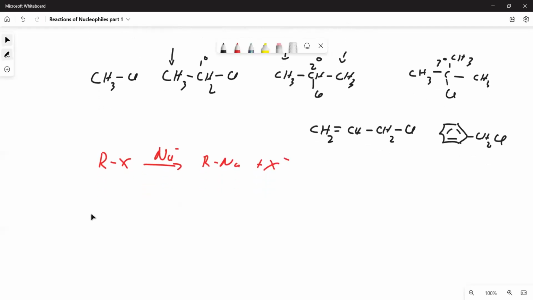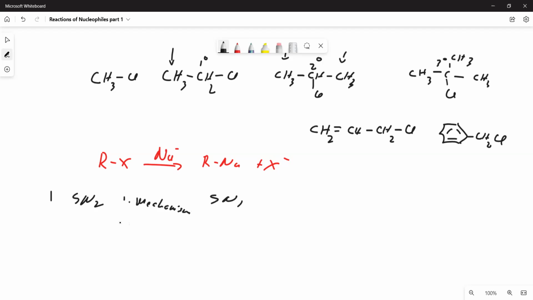And there are two important mechanisms to describe substitution of alkyl halides. We call them SN2 and SN1 reaction. The reaction of alkyl halides can be described in terms of its mechanism, which we have shown already.